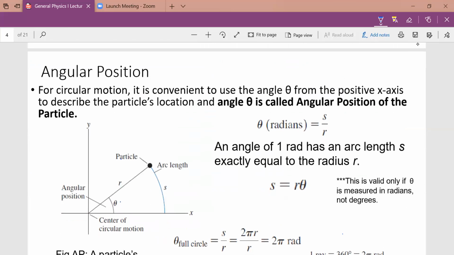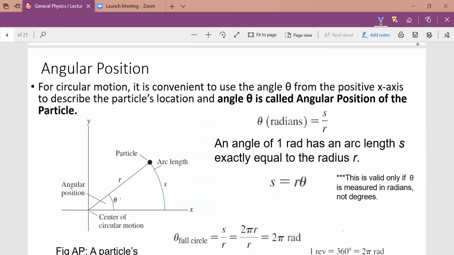So let's quickly look at angular position, which is the first term we want to look at. For circular motion, it's convenient to use the angle theta to describe the position of an object that is in rotational motion.